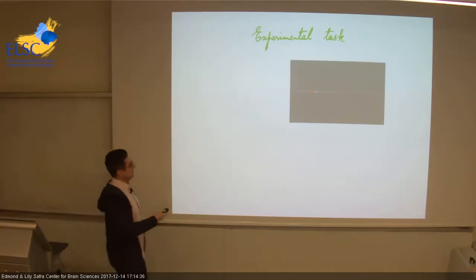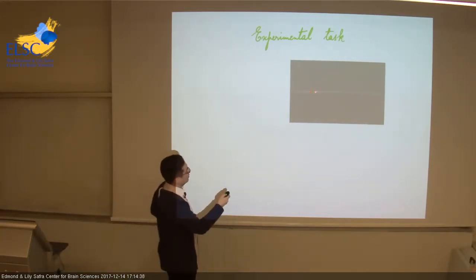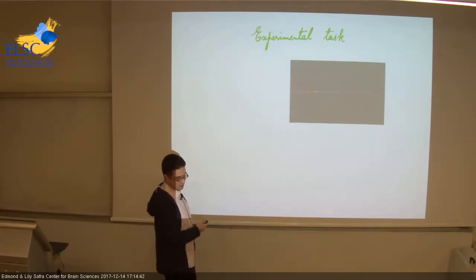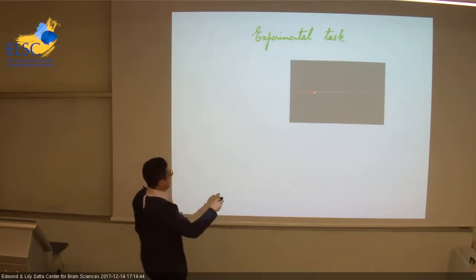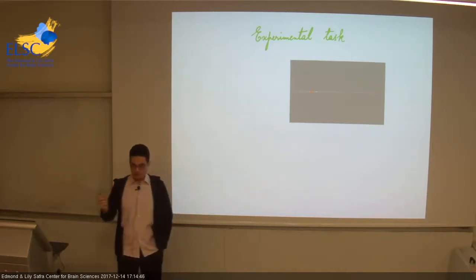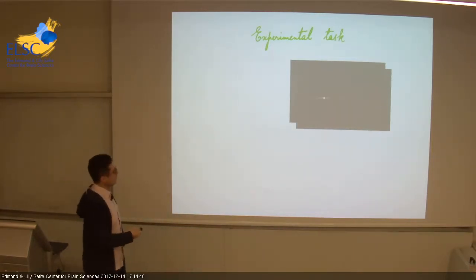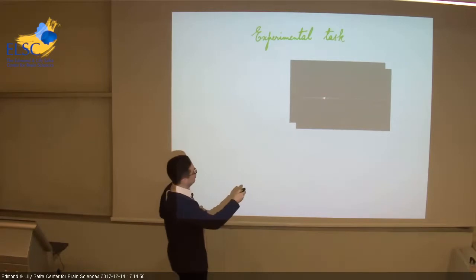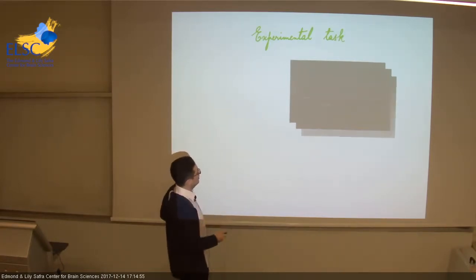Okay? What they see are these white dots that are samples from a distribution around the red dot. And the green dot is your cursor, whatever the subject can control. And so what happens in the task is that a new dot appears. When it appears, it's fat so that you can see it. Then it goes to the normal size.